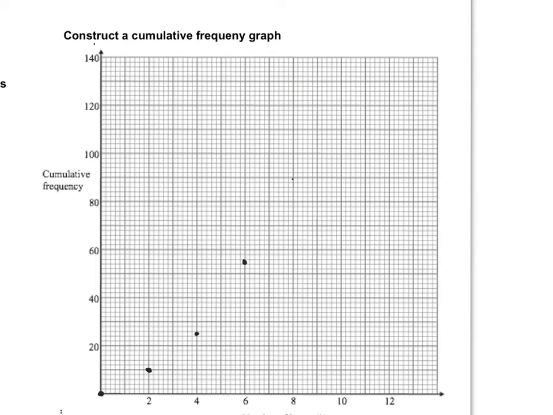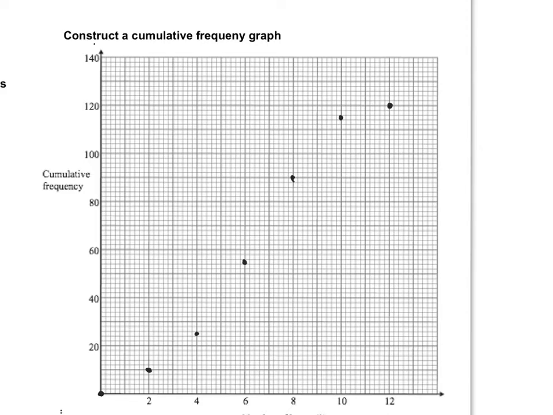So I'm going to plot that point. And when I get to 10, I have 115 as my cumulative frequency. So I'm going to plot a point at 10, 115. And finally, when I get to 12, I have 120.